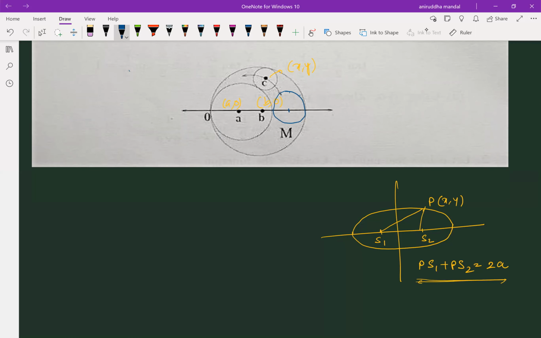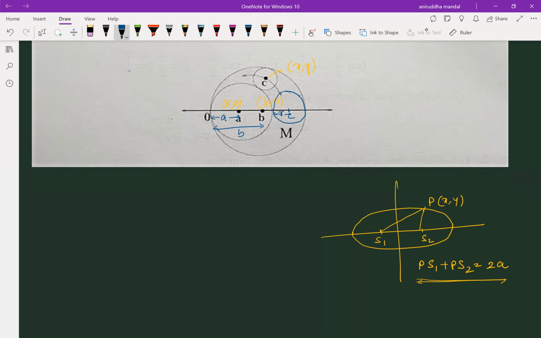So this is the C. Let's assume the radius of this small circle is A, the radius of the large circle is B, and the radius of the third circle is R. This R varies.